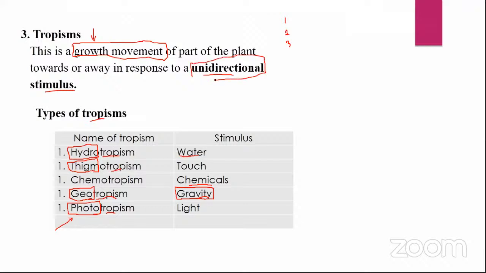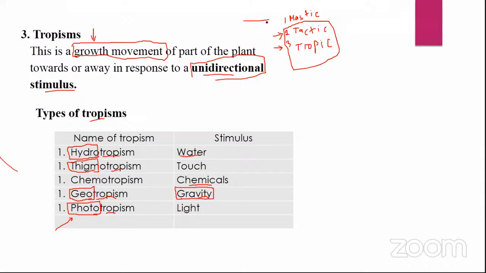Remember, one was the nastic response, then the other was the tactic response, and then the other was the tropic response, or tropism. In both tactic and tropic responses, the stimulus is unidirectional. Don't forget that.